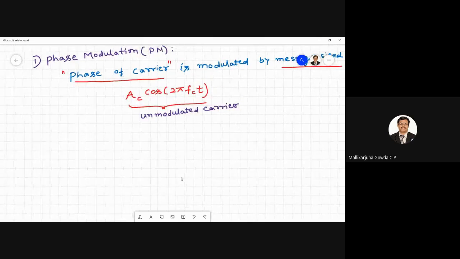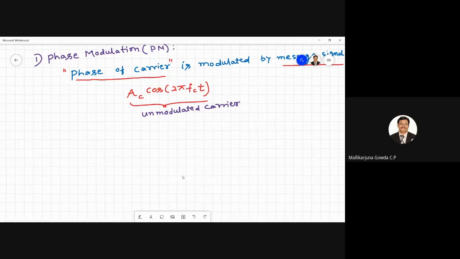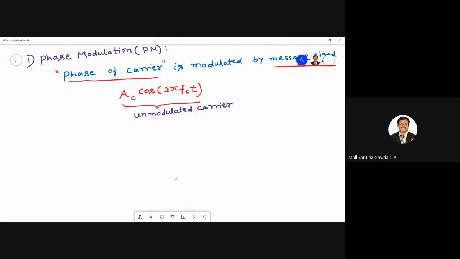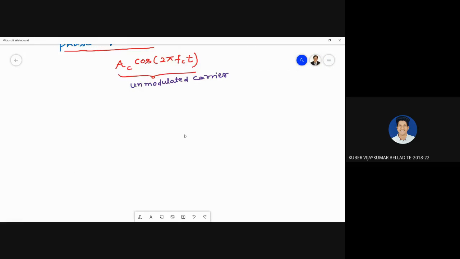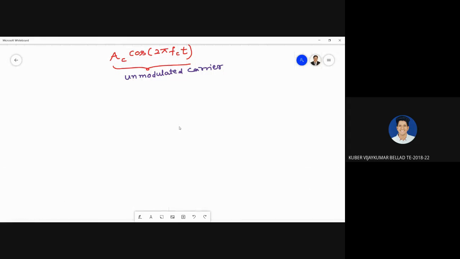I hope you have noted this definition of phase modulation. Yes, sir. Now let me write the modulated phase.